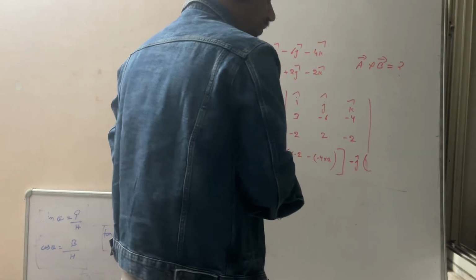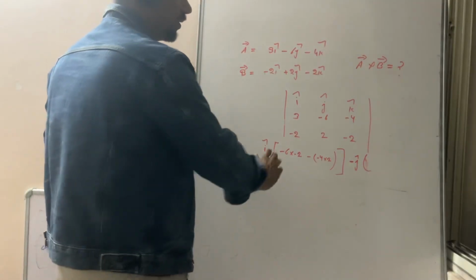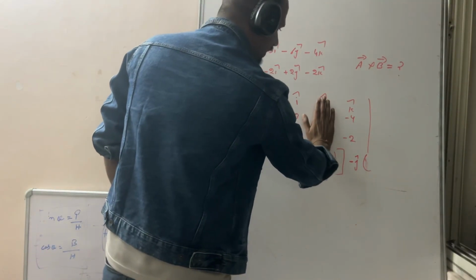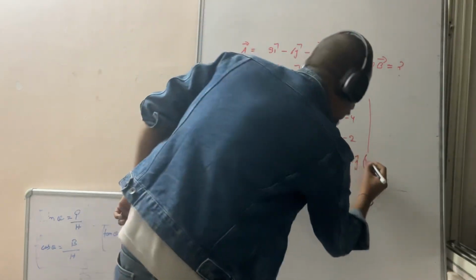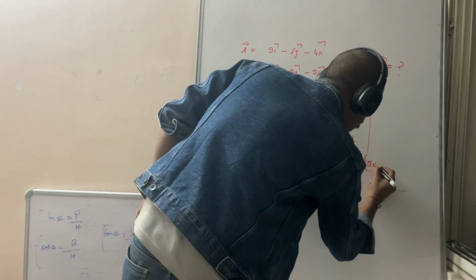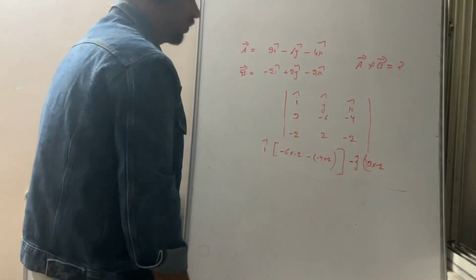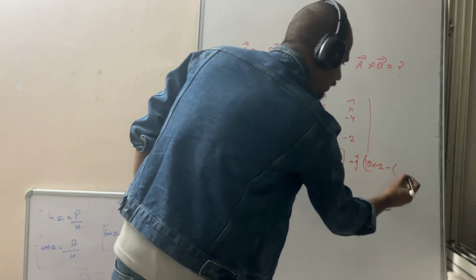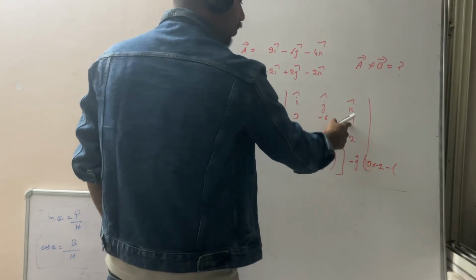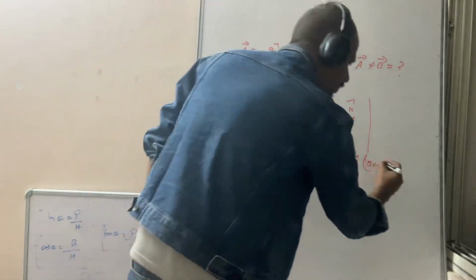For J, the same thing: forget about the J. It's 3 times minus 2, minus 4 times minus 2.